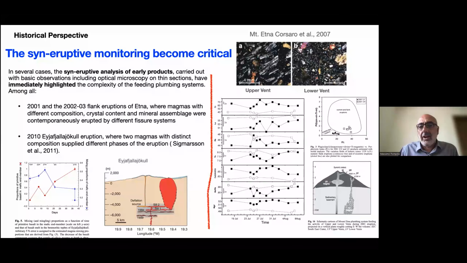The same thing on Etna for the 2001 eruption, in which the upper vent and the lower vent, in the southern part of the volcano, produced magma with different crystallinity. This is the upper vent, typical rocks, with different crystallinity and also different composition.